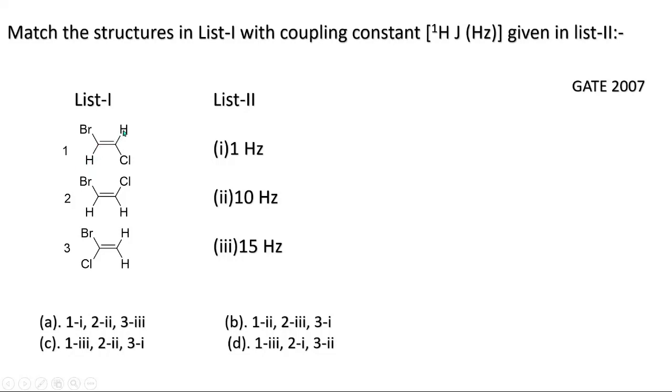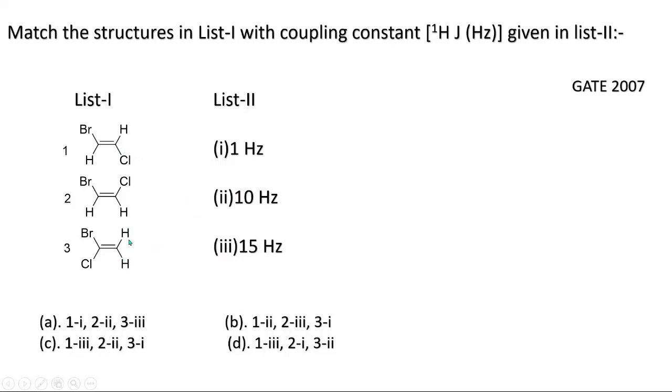So hydrogen 1 and hydrogen 2, these two are trans. The coupling constant for trans hydrogen will be 15 Hz, and for cis hydrogen will be 10 Hz. Always remember, for cis we have a lower value and for trans we have a higher value.